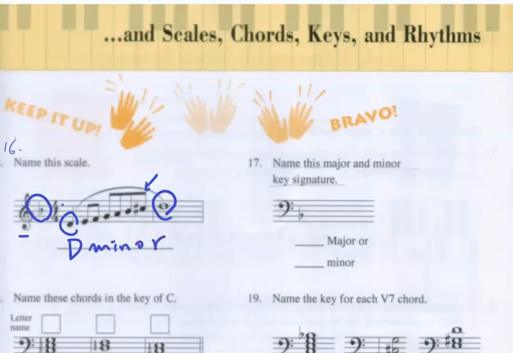Another clue, you can think like this: D, F, and A. Do you see? D, F, and A. You can make a minor chord. So one chord is minor, so this is D minor. Another clue is this C sharp, which is the leading tone, right?